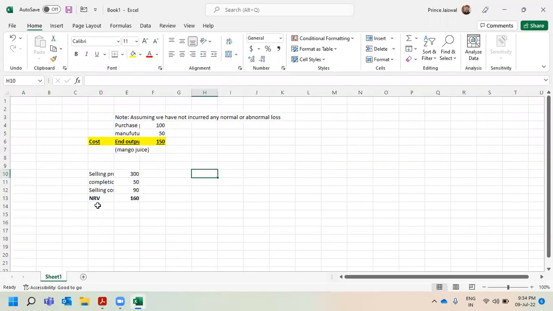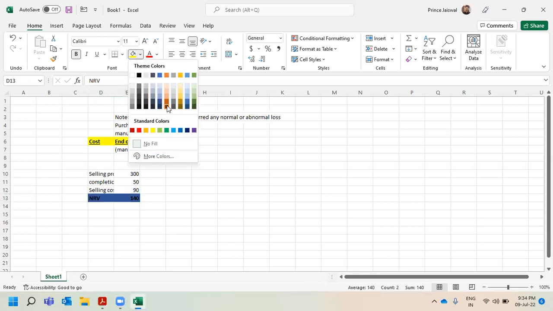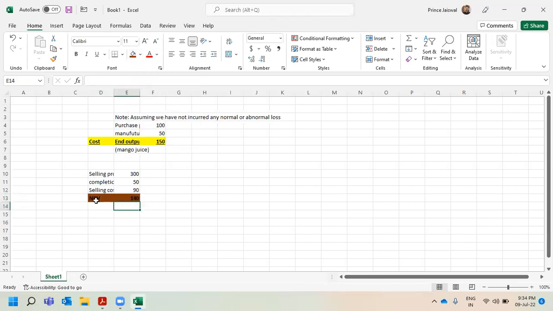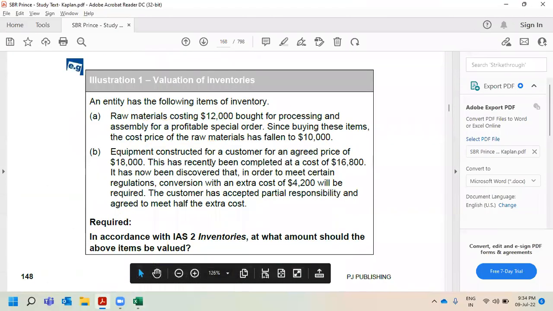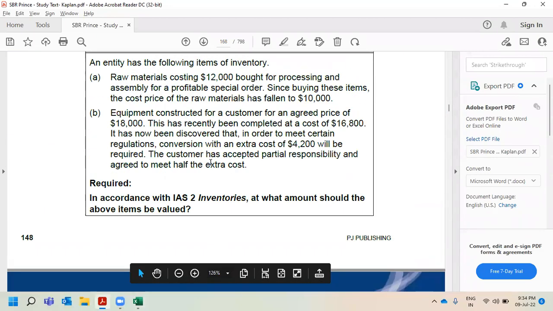But if the NRV were, say, 140, then I would be valuing this inventory at 140, and I would have to disclose this NRV in my disclosure note.